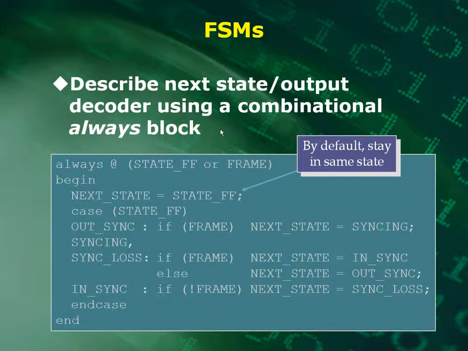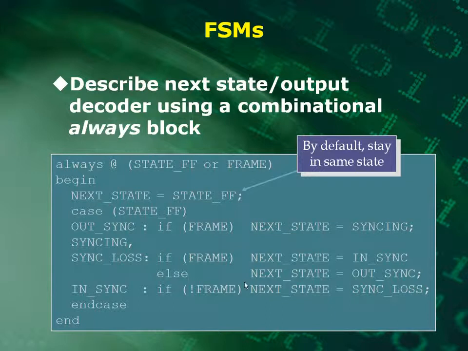Now, the next thing we need to do is describe the next state or the output decoder using a combinational always block. Notice here we have an always block, and we're using blocking assignments in here. We want to make sure that we define every condition for next state. You see next state all through here.